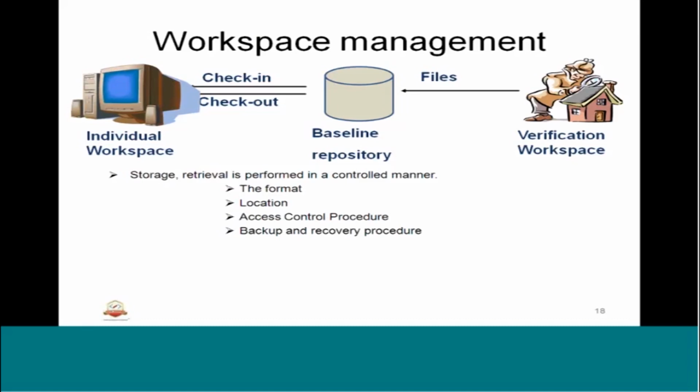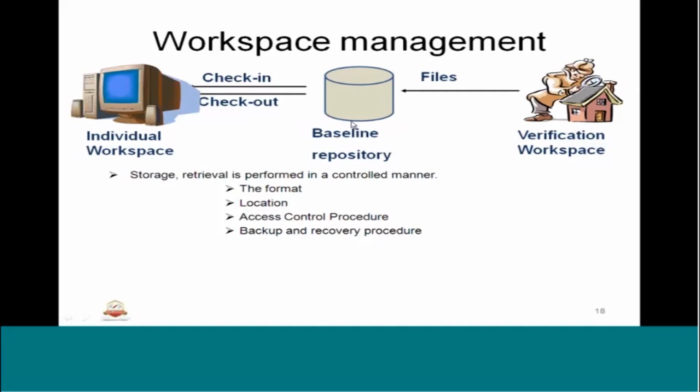How are we going to manage it in general? In this picture you can see there is a baseline repository, something like a server, and on this server the files will be either put in or taken out with the help of a process called check-in and checkout, and this will be done by individuals. That is called an individual workspace that will be there on the desktop.